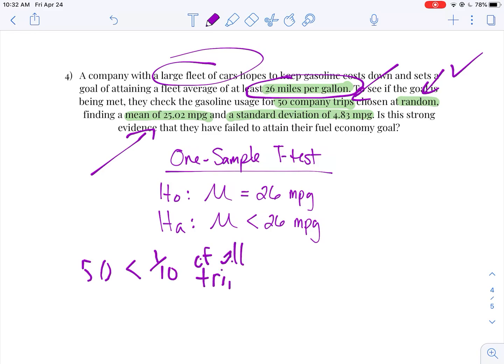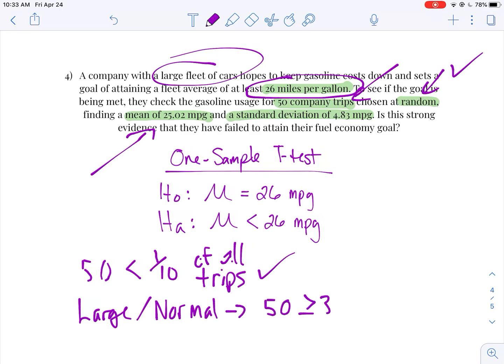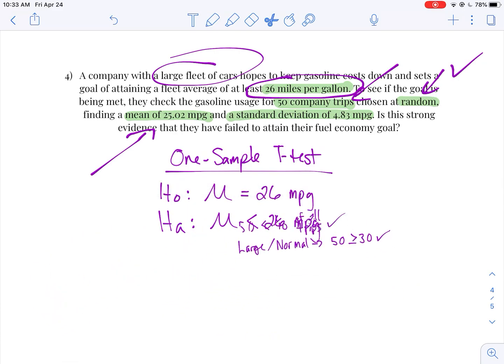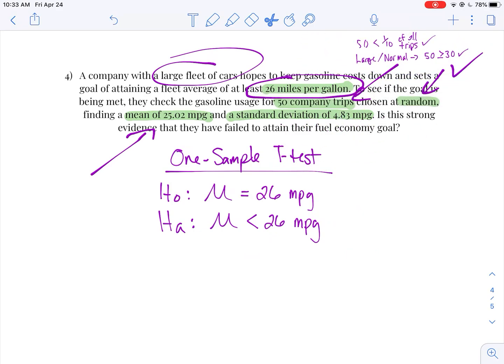Again, I'm just going under the assumption based on the information they gave me. Might not be true, but based on what I've got, I'm going with it. And then the last one is large/normal. We want to see if our sample size is greater than or equal to 30 or if it's normal. We've got 50. That's definitely greater than or equal to 30, so I have met that condition. My conditions are met. There we go.